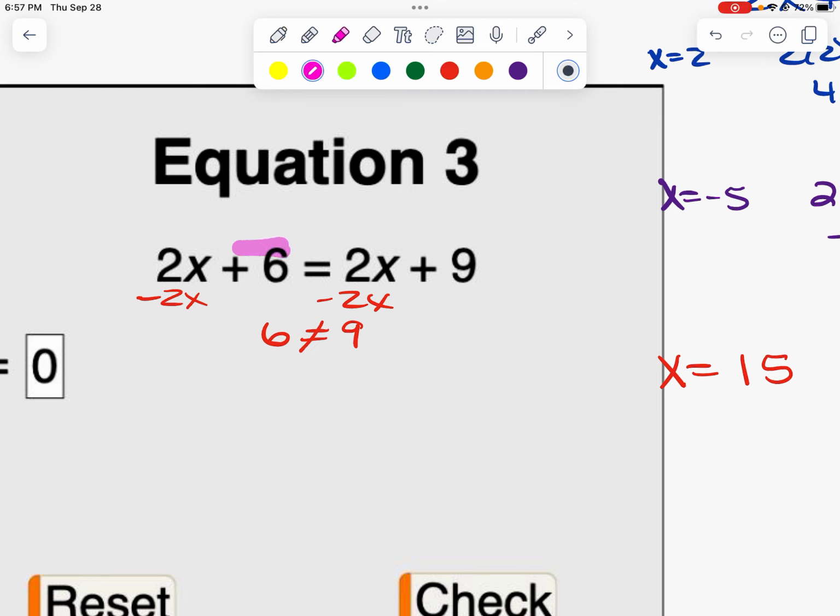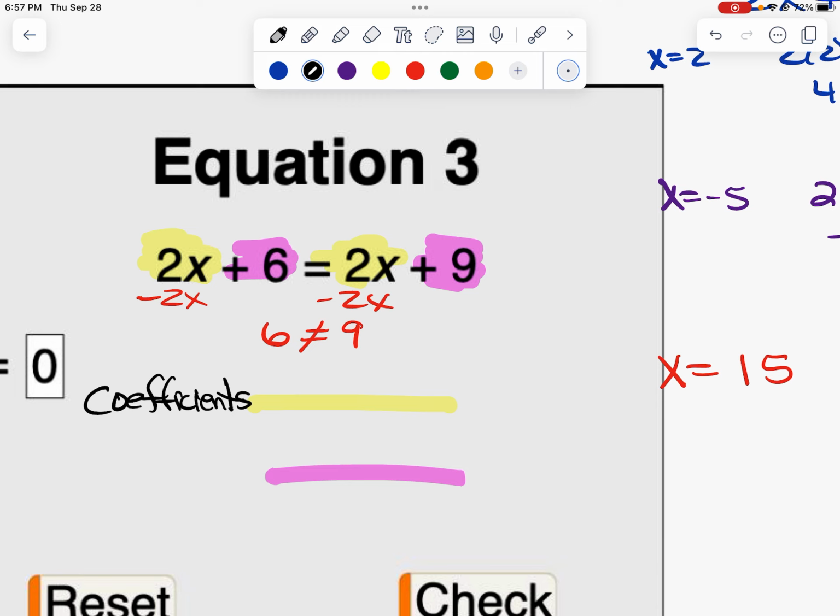Again, we're going to look at the constants and the coefficients. Okay? If I look at my coefficients, they are the same. If I look at my constants, they are different.